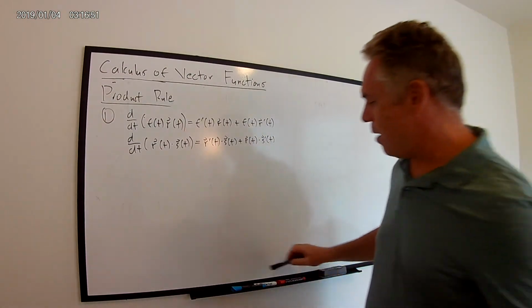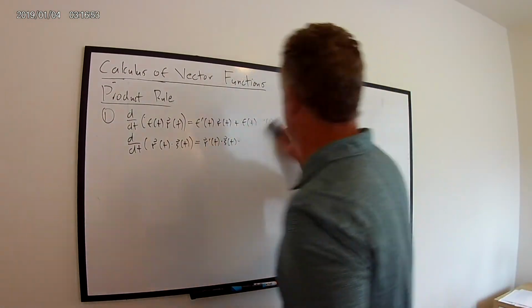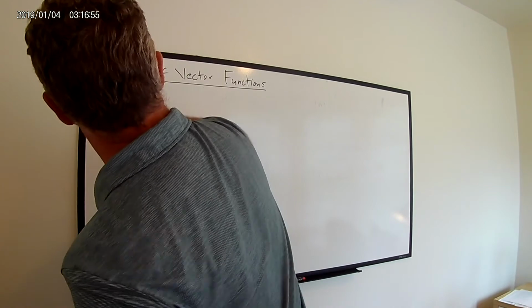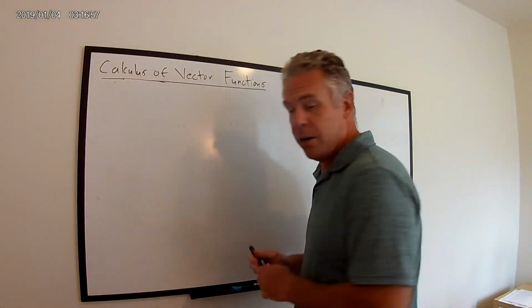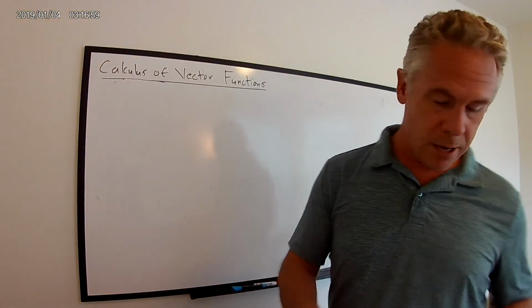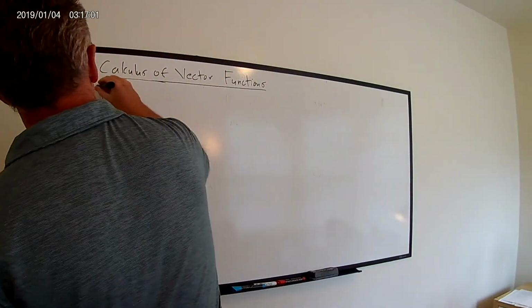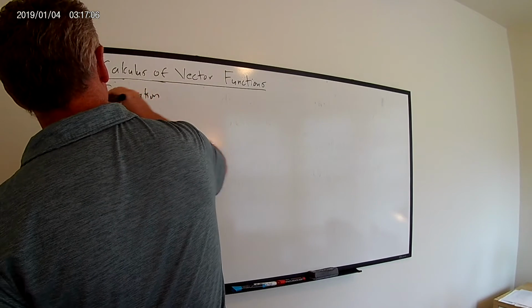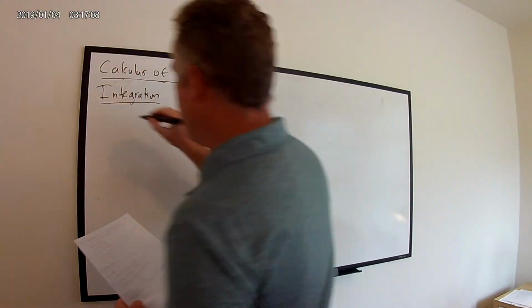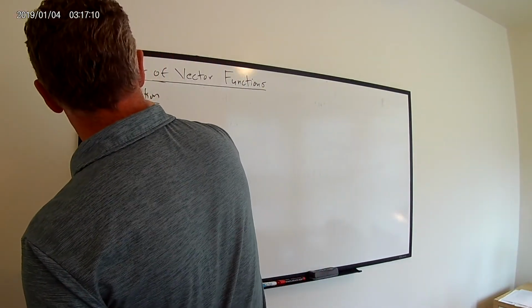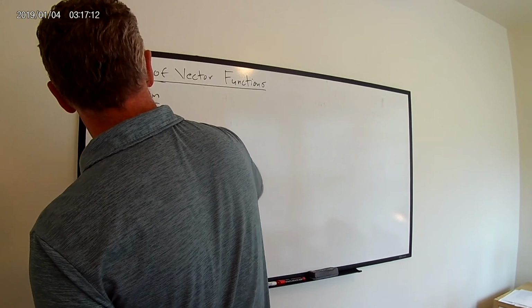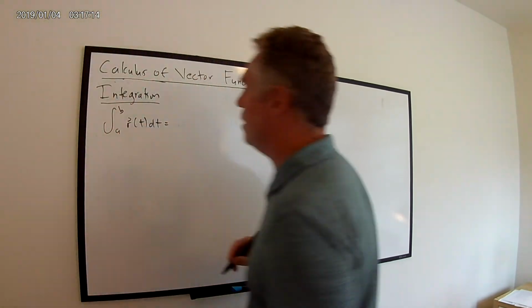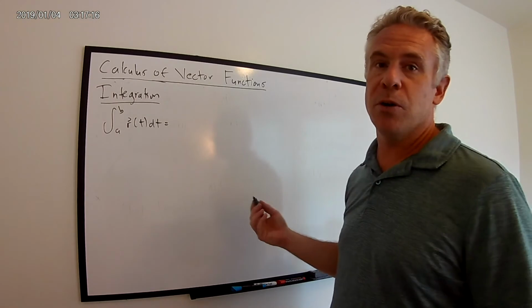Let's talk a little bit about integration. Good news is with integration, we follow a very similar methodology as we did for regular functions. If you have the integral from a to b of some vector function r of t, you just take the integral of the components.